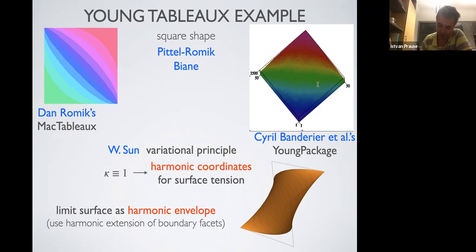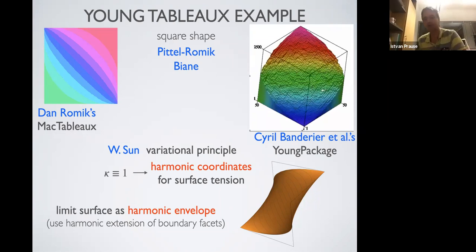So for instance, in the square construction, this would be the boundary condition. In this case, we have 4 facets, and we do the harmonic extension of the boundary facets and find the limit surface. And here you can see the actual discrete surface.